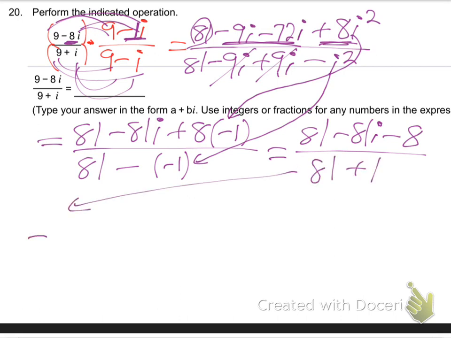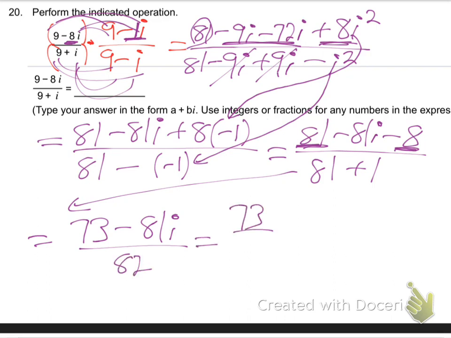So that is what? 81 minus 8 is 73, yeah, minus 8, right? And then it's 82 in the bottom, and then you separate them because they want them typed in separate. a plus bi, 73 over 82 minus 81 over 82i. There it is.